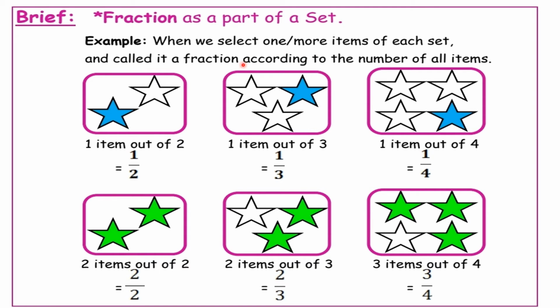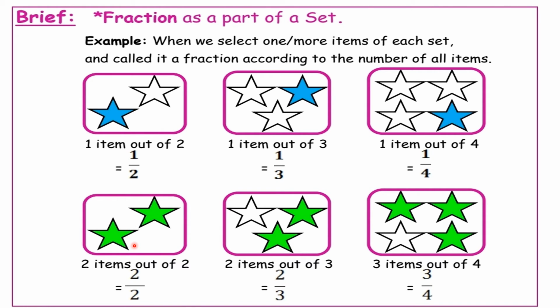And I have a set of 3 stars, and I colored 1 out of the 3 stars, so I have 1 from 3, so it's a third. I have a set of stars and I colored 1 star out of the 4 stars, so it's 1 from 4, so it's a fourth or a quarter.